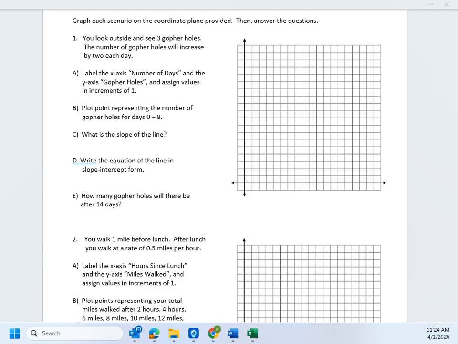Now, these 2 are a little more complicated. Tomorrow is a math retake day, and I think we have a lot of math retakes that I wanna do.